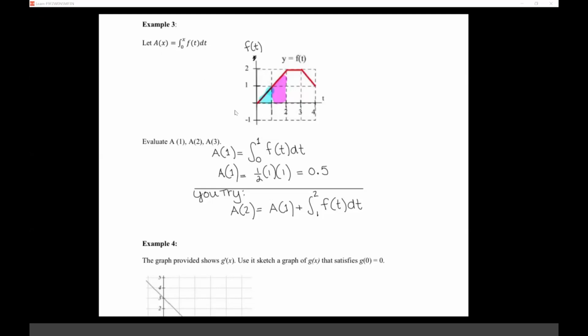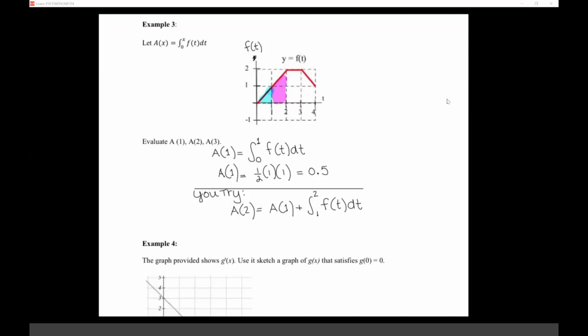They're not telling us what capital F of 0 is here. So we're going to assume it's 0. That way, if we want to accumulate the area under the curve, what have we accumulated when we've gone from 0 to 1? Well, that's just the integral from 0 to 1 that this function is accumulating. So that's the area from x is 0 to 1 under the curve. It's a triangle.